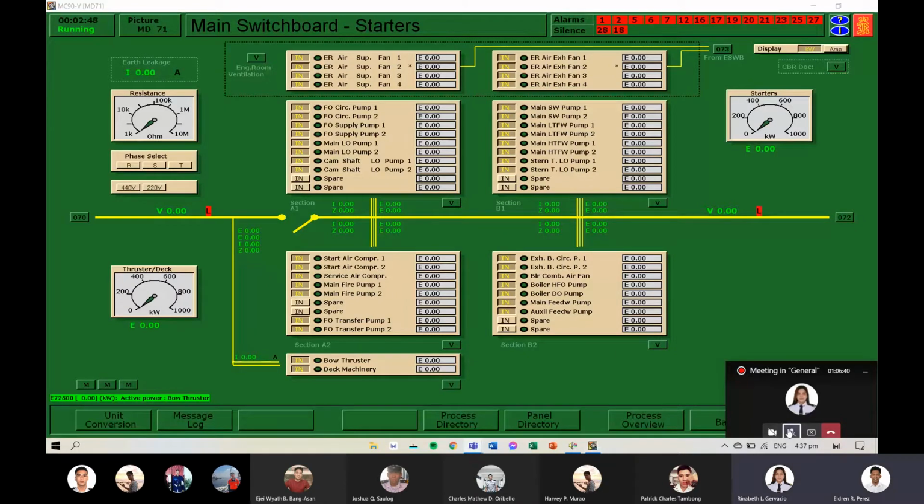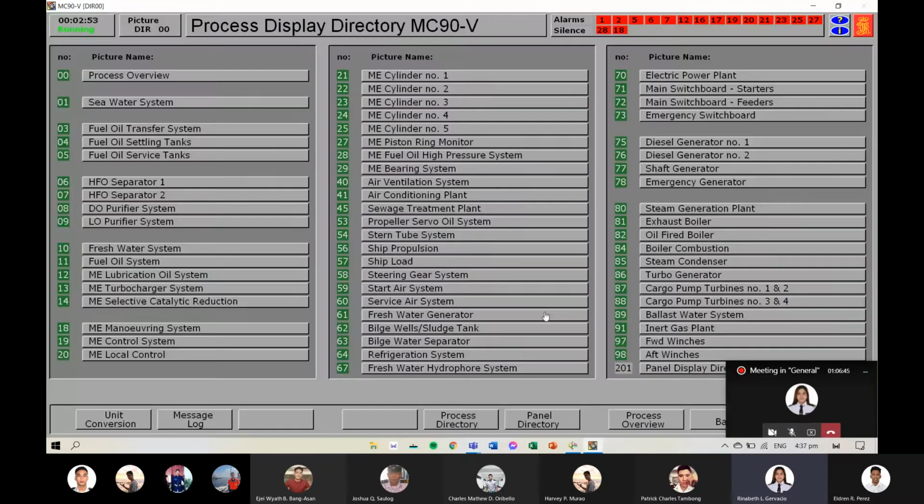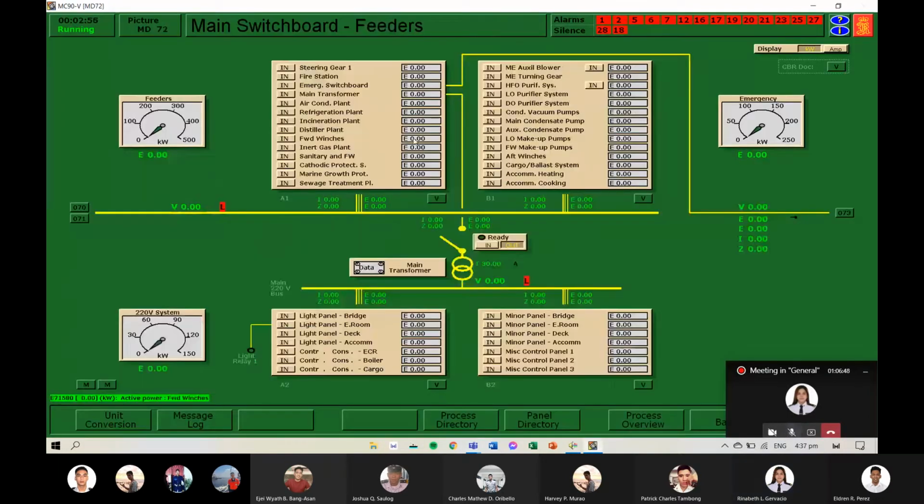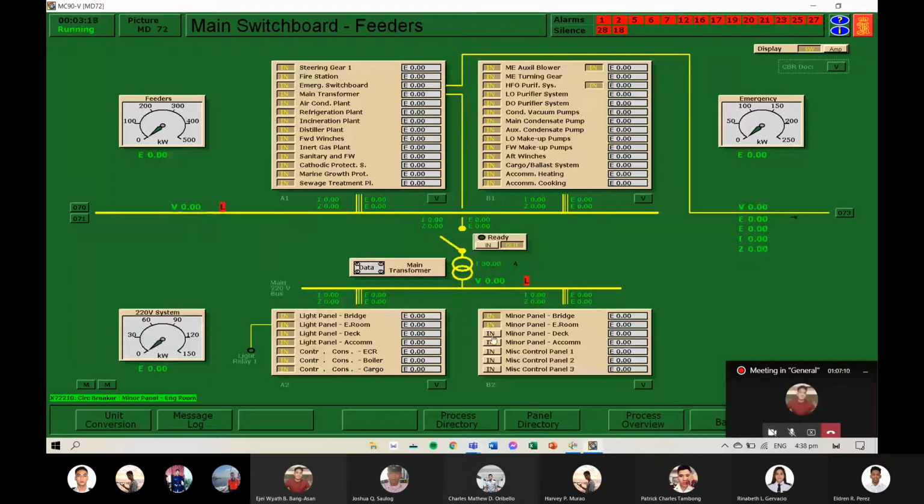Chief Engineer Perez, sir. Go to Directory 72, main switchboard feeders, then put all breakers in. Done.